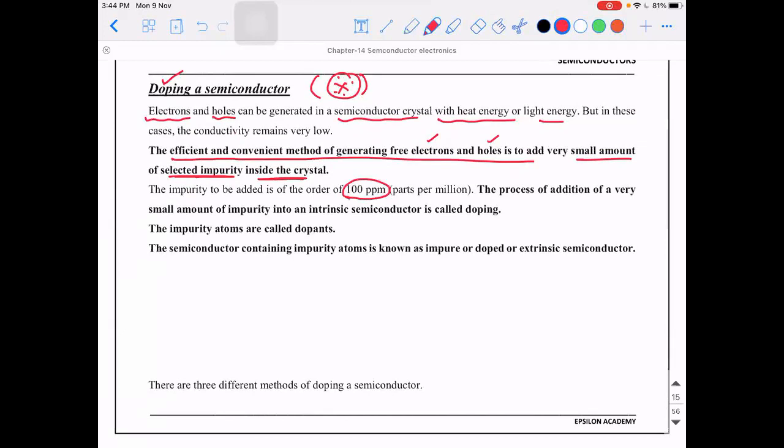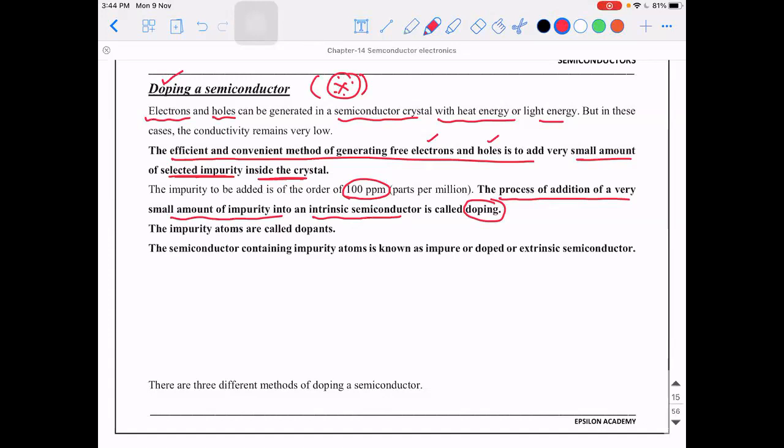The process of addition of a very small amount of impurity into an intrinsic semiconductor is what is called doping. So doping is a process of adding a very small amount of impurity to an intrinsic semiconductor. Why do we do that? To increase the conductivity of that material.